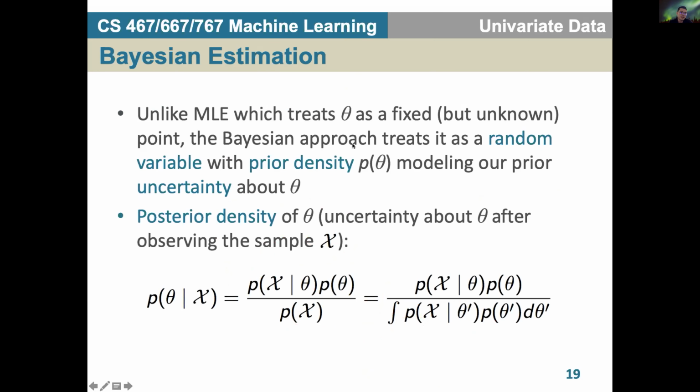Put simply, in Bayesian estimation, we have a posterior density of theta. Usually we assume that you already have a prior estimation of theta. For example, for a group of male students in our class, what will be the height? Maybe 1.7 meters.